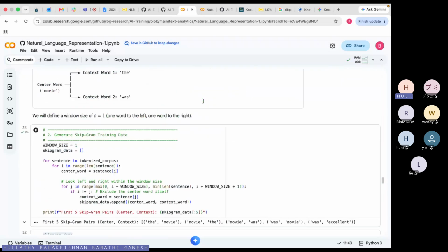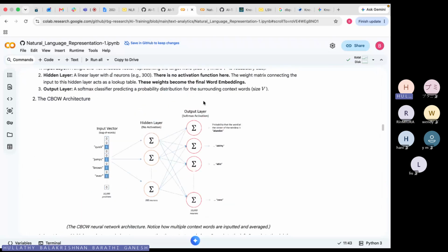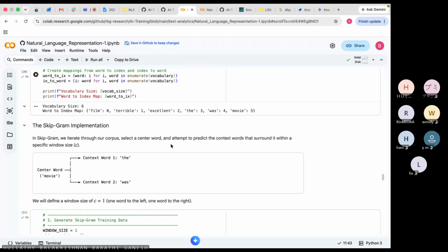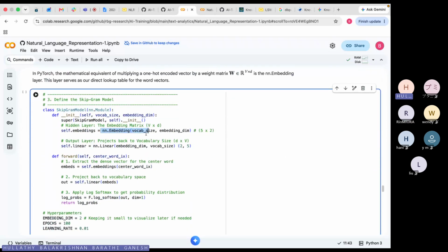As we saw in the earlier image, this is the embedding matrix and this is the output matrix. So this is 5 cross 2, this is 2 cross 5. We define the two matrices.